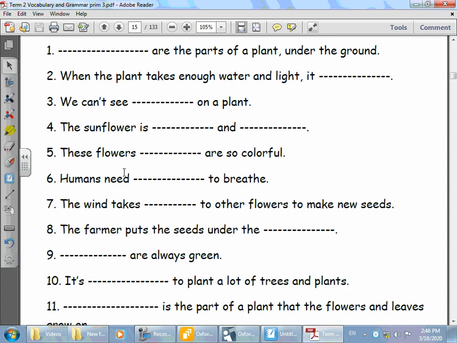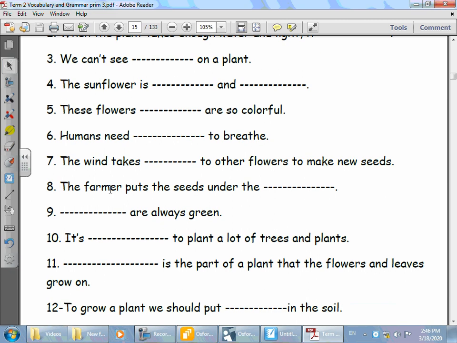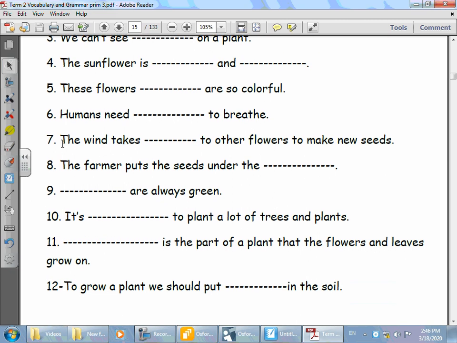Very good. These flowers, what are so colorful? What is the colorful part of the flower that gives it colors? Excellent, the petals. Very good. Humans need what to breathe? What do we need to breathe? Oxygen. Wow, super amazing. Okay, the wind takes what to other flowers to make new seeds? Very good, pollen.